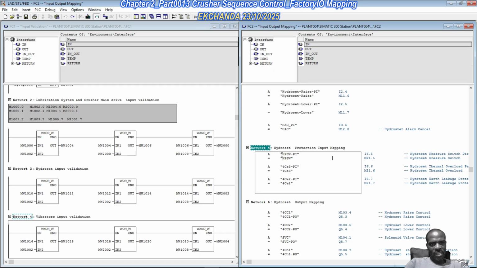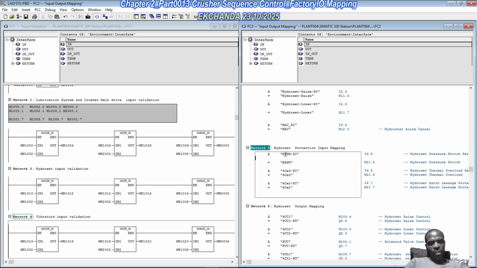So we start by doing the following. We're going to pass the state of the hydroset pressure switch from FactoryIO. This signal is coming from FactoryIO, but we need to pass it to a bit which is being subjected to these logical conditions.